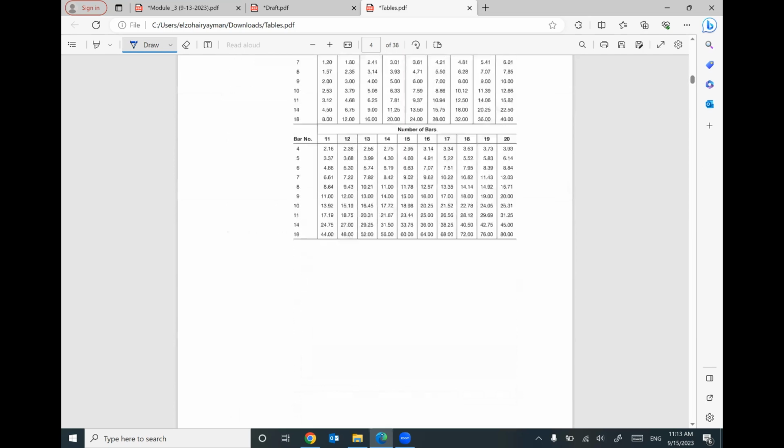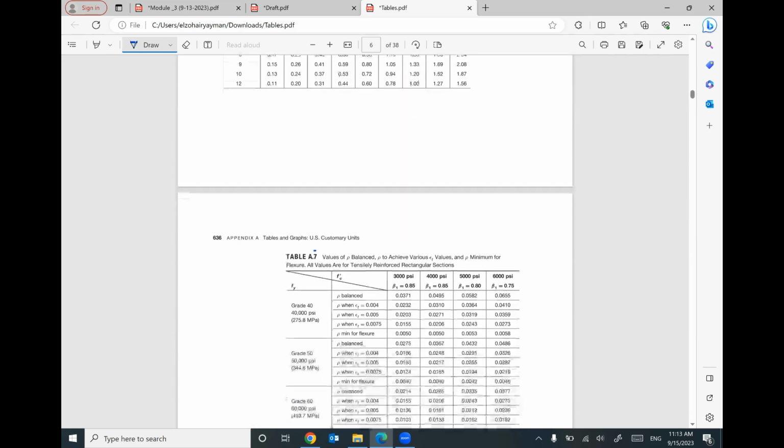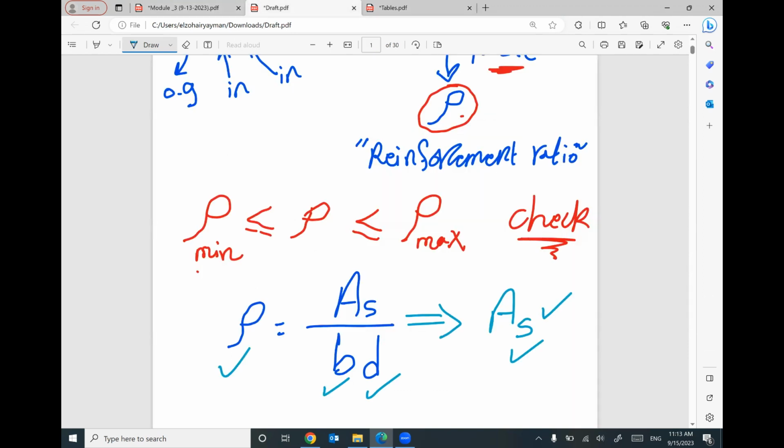But let me go down more. Here you go, starting from table A7. If you remember, I told you we will check the value of rho between rho minimum and rho maximum using table A7.